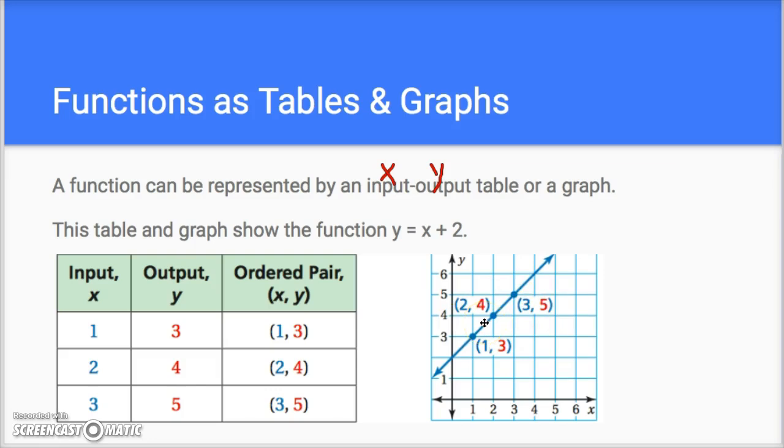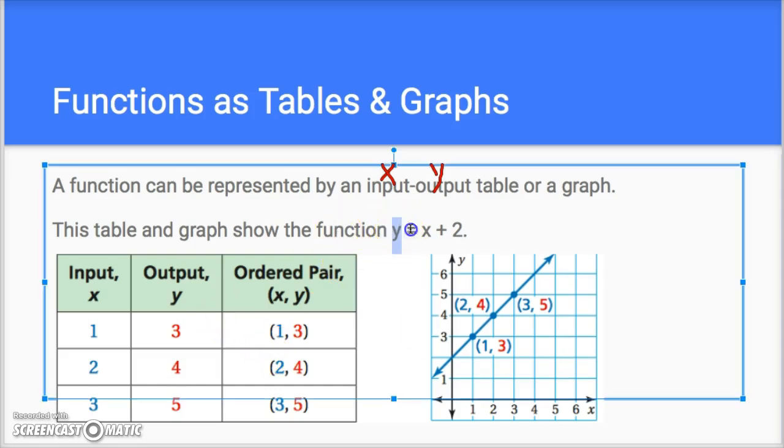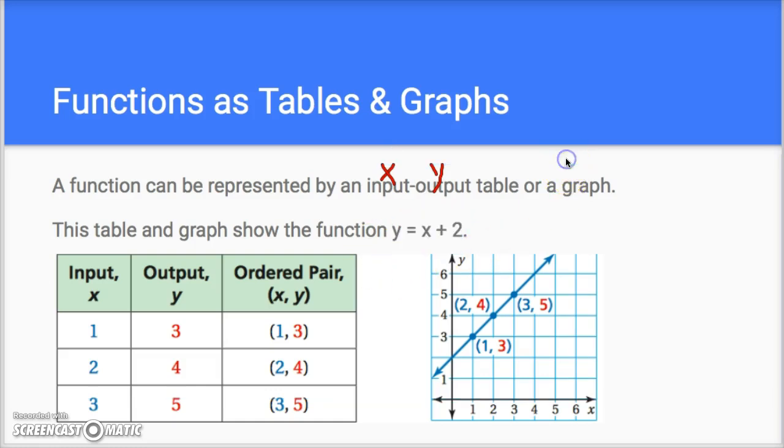Okay, so the example that we have here is for the function y equals x plus 2. That's our function rule. So in our input-output table, remember I've told you this numerous times, for your input, for your x's, just choose whatever numbers you want.